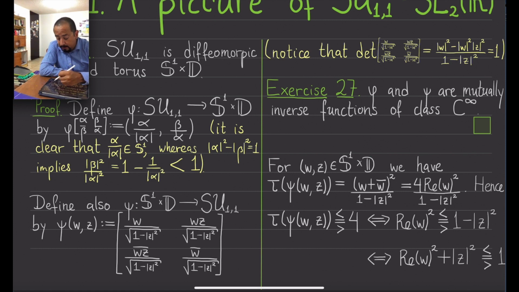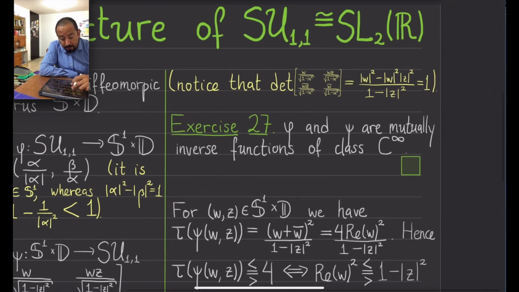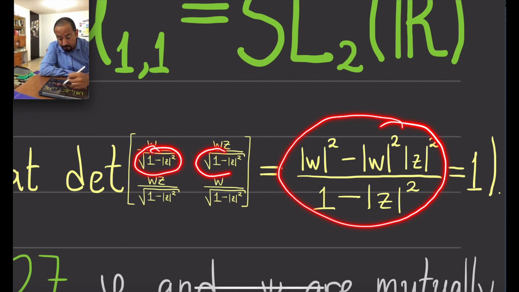So given a pair of elements consisting of a complex number of norm 1 and an element of the open unit disk, just take that pair to this matrix, which first of all, notice that this one is the complex conjugate of this one, and this one is the complex conjugate of this one. And when you take the determinant, you obtain this. This is quite easy, right? Because here this one is the common denominator.